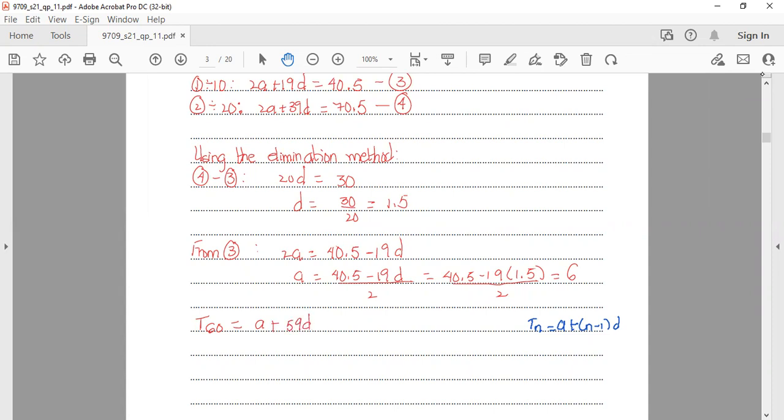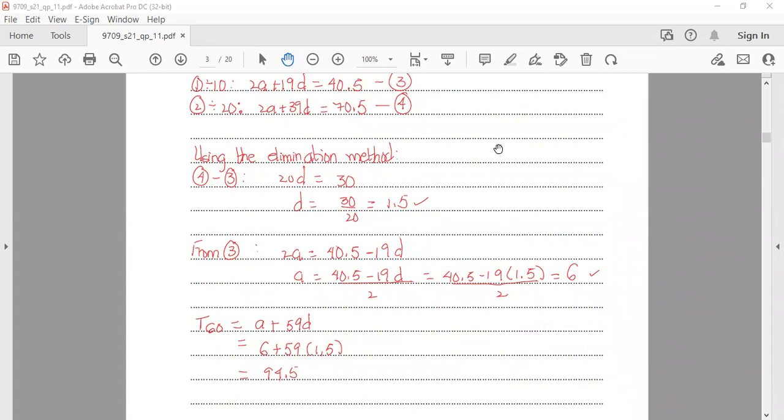Nous avons trouvé que the value of A is 6, the value of D is 1.5. Donc, nous remplaçons là-dedans. Donc, 6 plus 59 times 1.5 et ça nous donne 94.5. So this is the answer for this question.